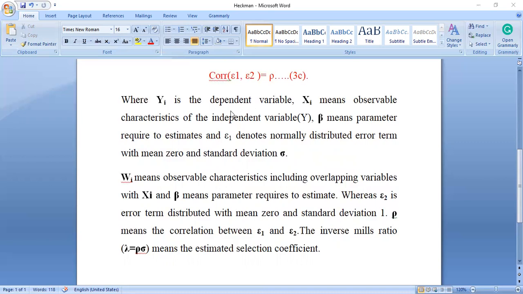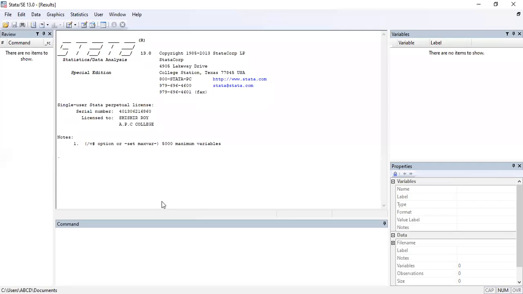Now we will focus on how Heckman's selection model works in the labor market, and we will apply it through Stata software.